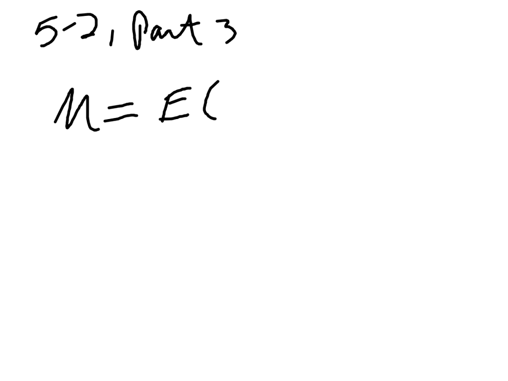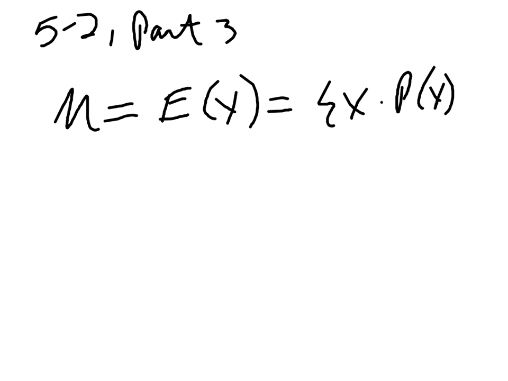Here's our expected value of x, and it's equal to the sum of the x's times the probability of x. Remember that the capital E of x there means the expected value. And then on the top of page 270, they tell us the formula for expected value is the same as the formula for the theoretical mean.